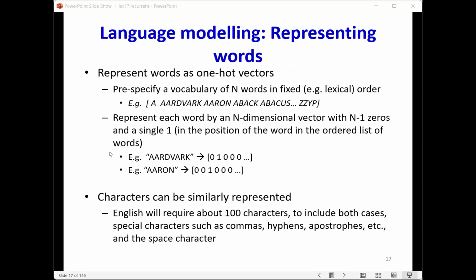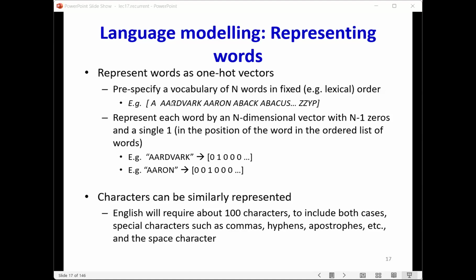So for this, of course, you've got tokens, words, symbols, which are in language. And our models are not working on language. They're working on mathematical representations. And so the first thing we're going to do is convert these to one-hot vectors so that you can feed them to a model. You might pre-specify a vocabulary of some N words or N symbols in some fixed, say, lexical order.